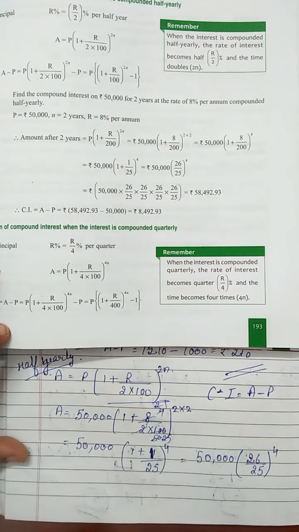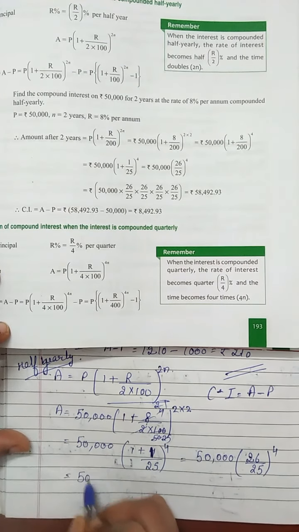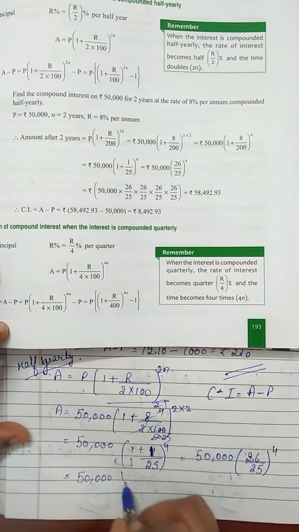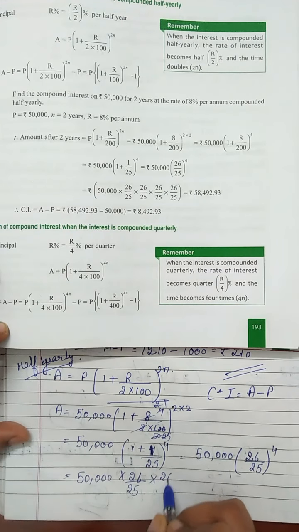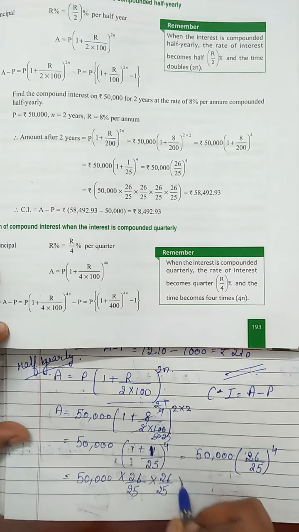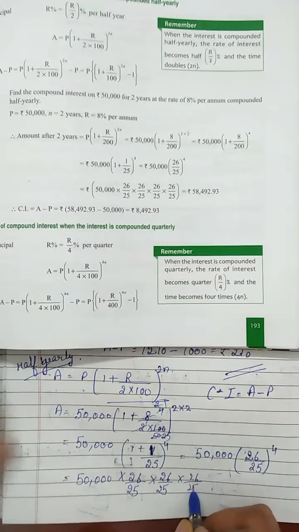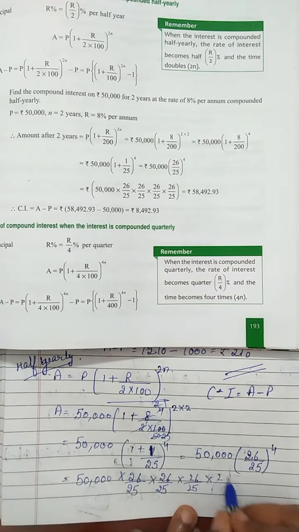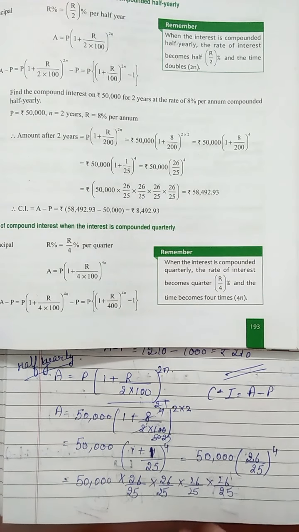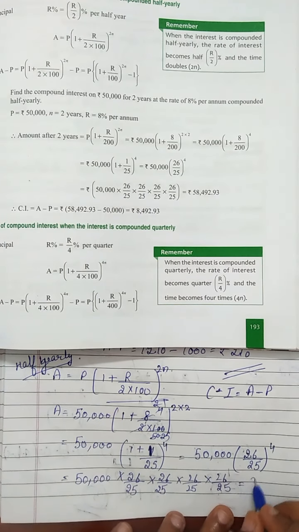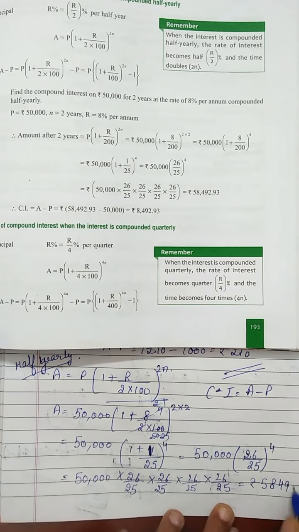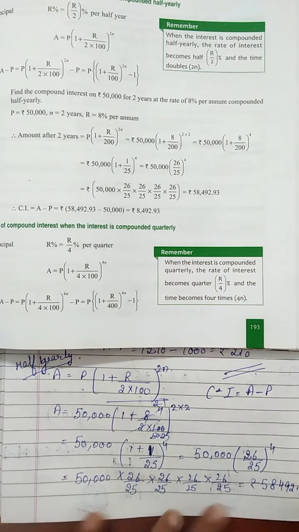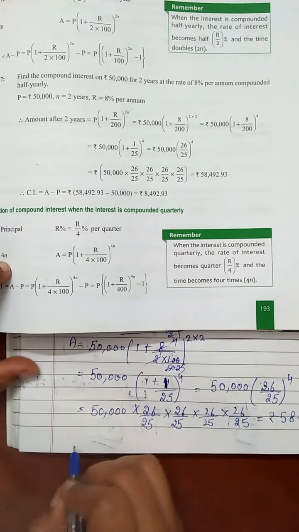Now we open it. 50,000 multiplied by 26 upon 25, multiplied by 26 upon 25, 4 times we multiply it, and after calculation our answer is rupees 58,492.93.